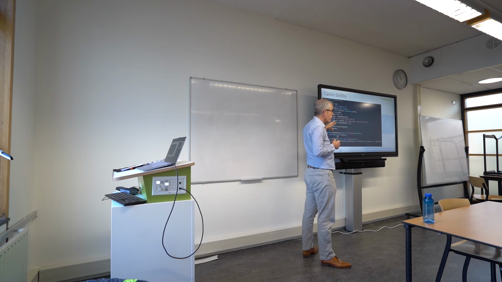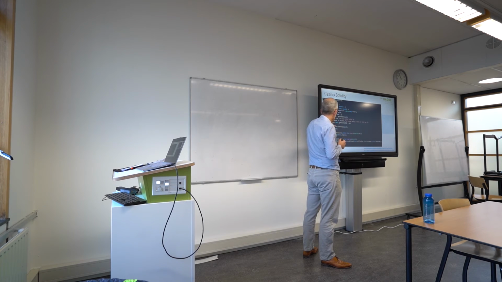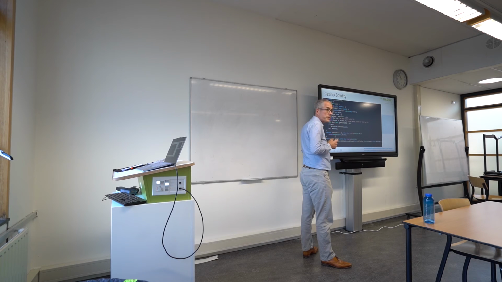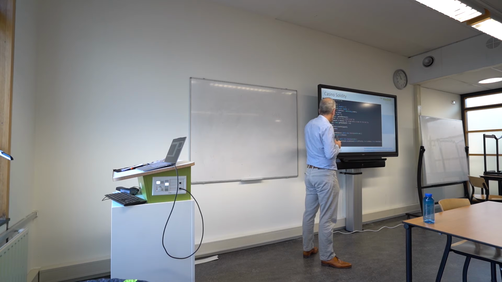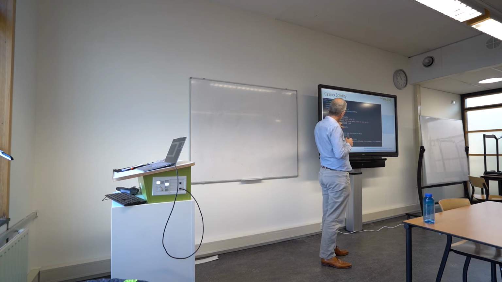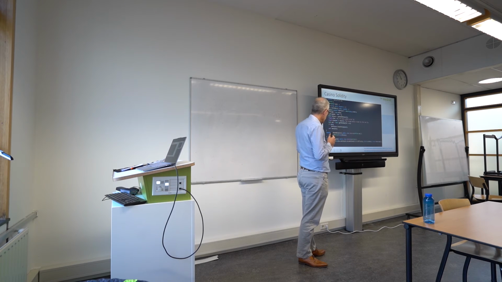So the 0 is always false and the 1 is true. And that indicates whether you win or not. So if this value is true, that means this value is 1, which means that the number was odd, then you win.